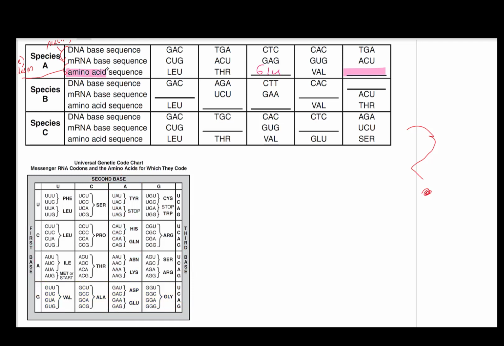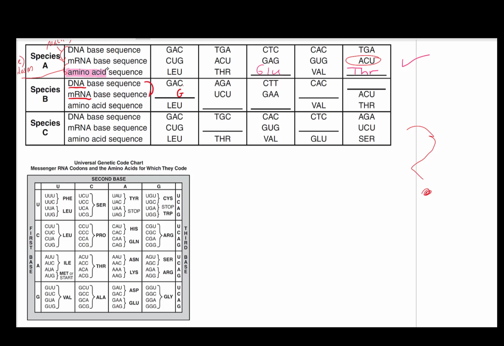Second mRNA codon is ACU. First letter, A. So we're looking in that row. Second letter, C, looking in that column. Third letter is U. ACU stands for THR. Complete. Species B.